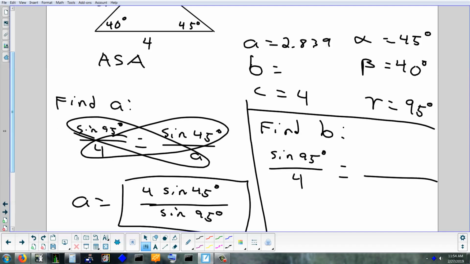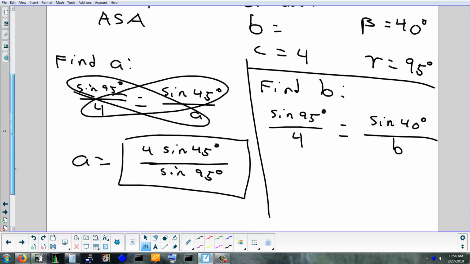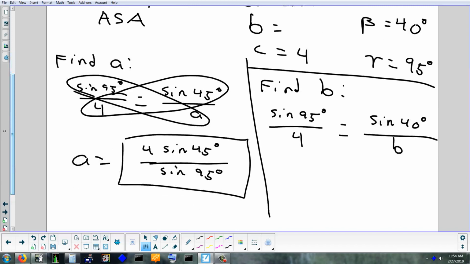Sine 40 over B. So now, when you solve for B, it's exactly the same thing, except change that number to 40 instead of 45. Right, so B is 4 sine 40 over sine 95.